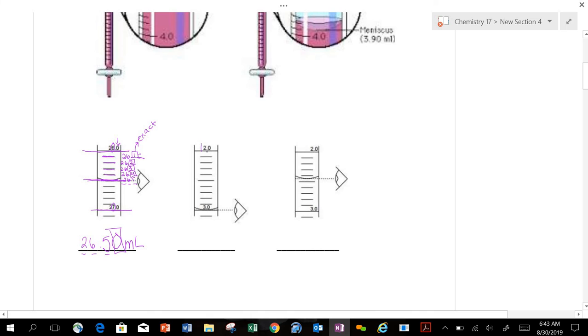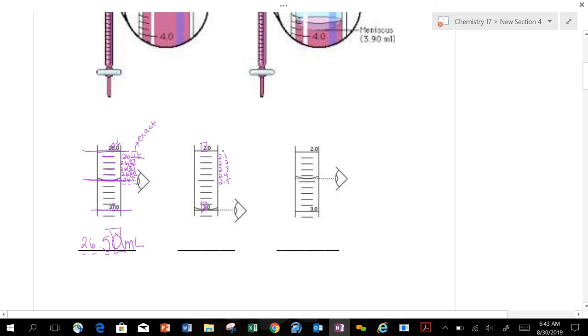So if you look here, our ones place goes 2, 3. So our ones place is an exact number. Now we want to figure out what each of these markings represents. So this would be 2.1, 2.2, 2.3, 2.4, 2.5.